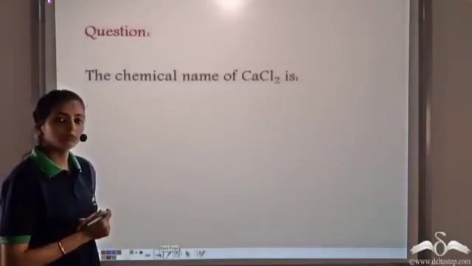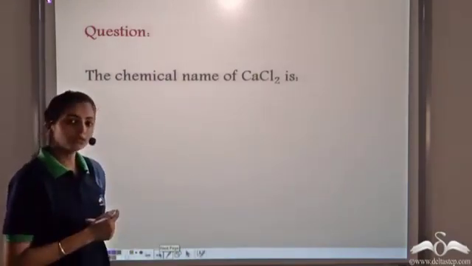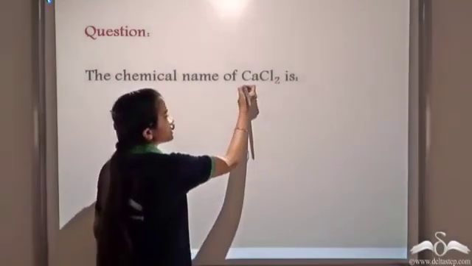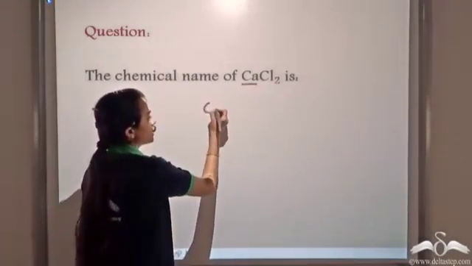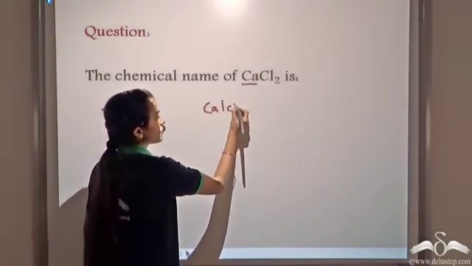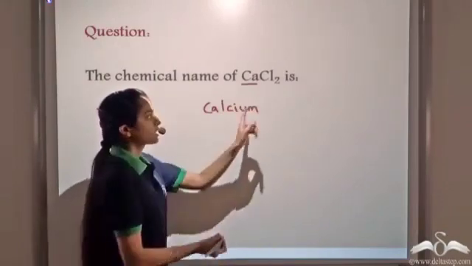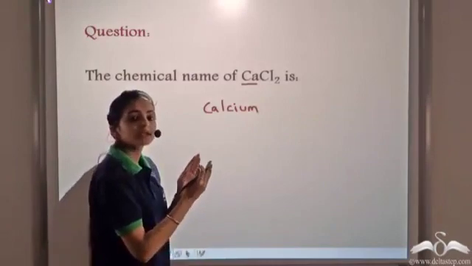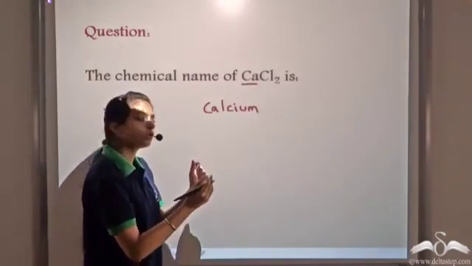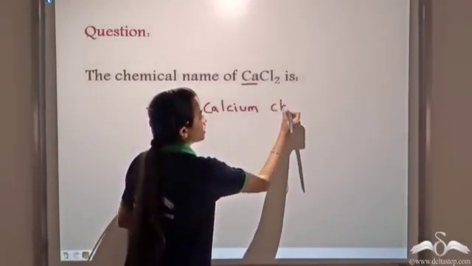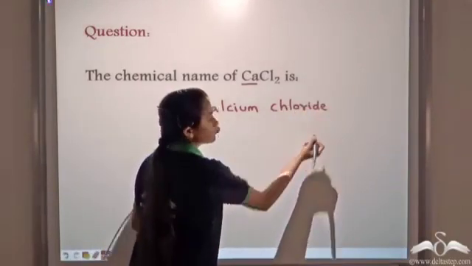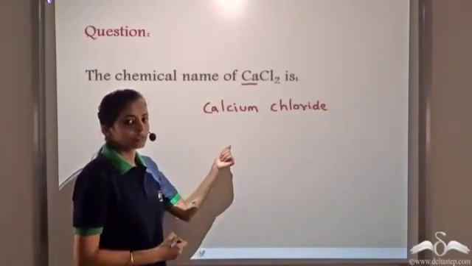So what should be the name of the compound CaCl2? In this case, Ca is the metal, so its name is calcium. Cl is the non-metal, which is chlorine, and the suffix "ide" is added to the non-metal. So we get chloride. Now, what else do you observe here?